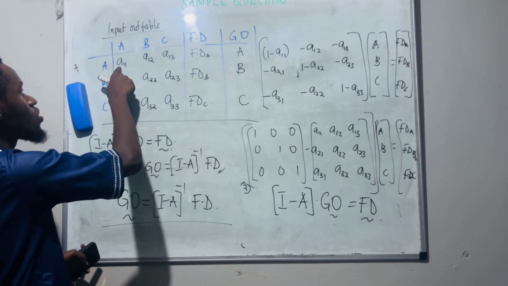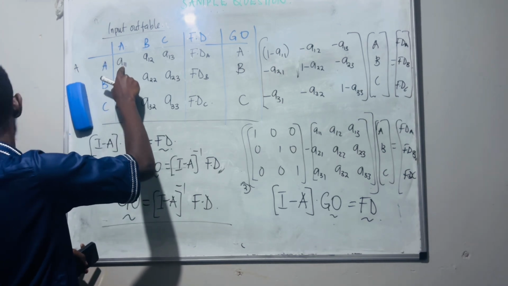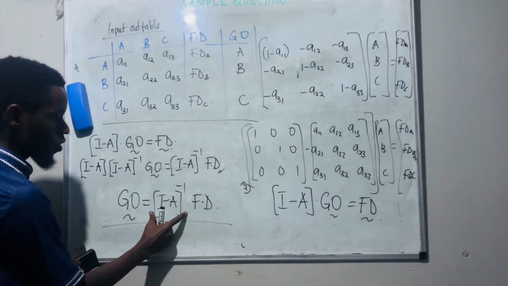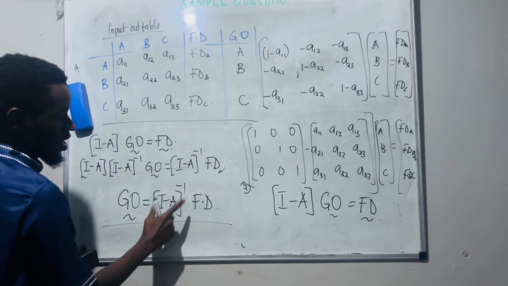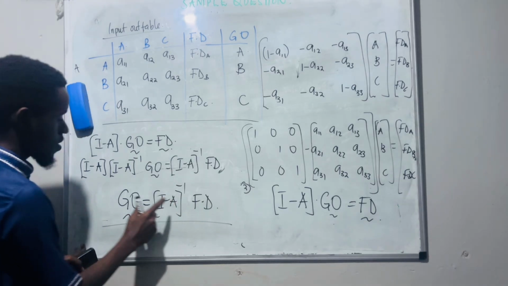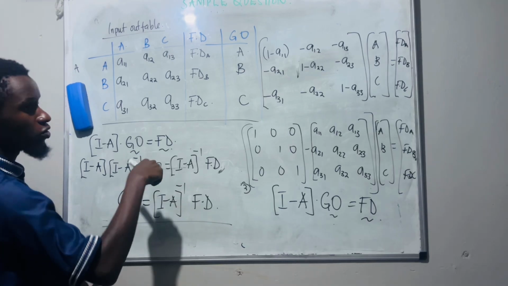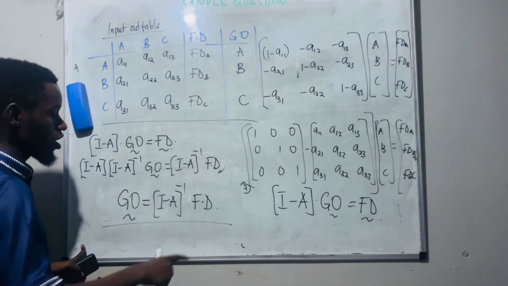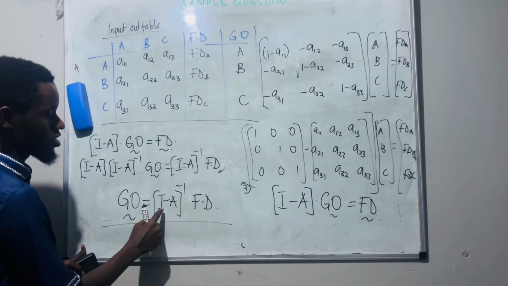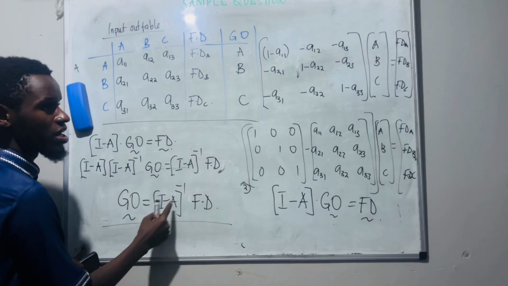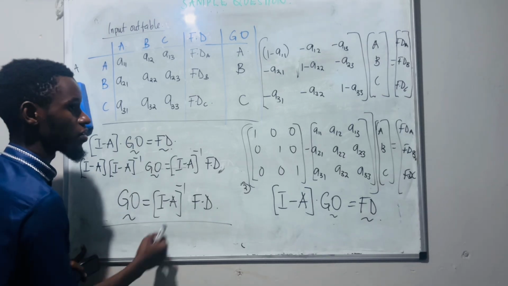Therefore, this shows us a direct effect. But this I minus A inverse shows us part of the gross output that is consumed by a factory itself, the leading diagonal elements. And this inverse shows us both direct and indirect effects.